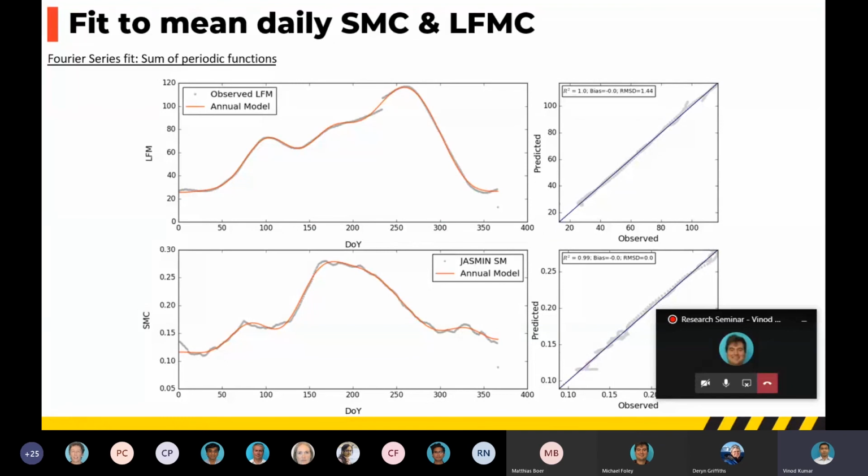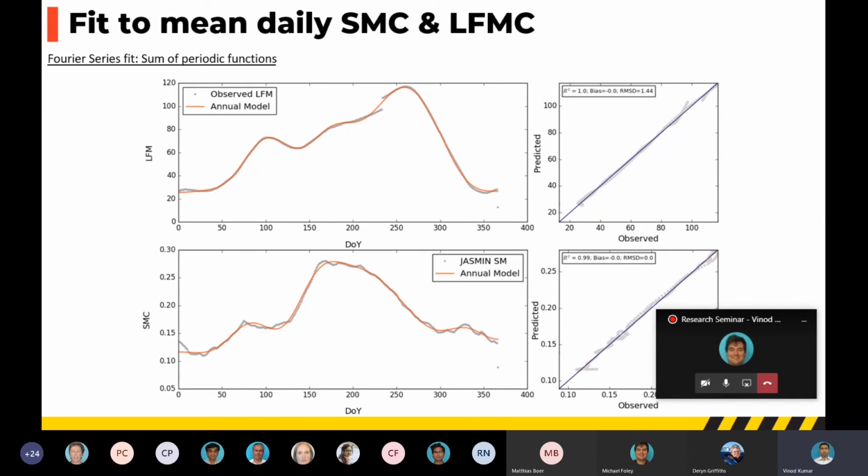So the idea is to develop a model which is a combination of a model that predicts your annual cycle, and the residuals of the live fuel moisture content data are predicted by the residuals of your soil moisture content. Basically, we are coming up with an annual model based on a time function, using Fourier series to fit the annual cycle of both live fuel moisture content data and soil moisture content data.